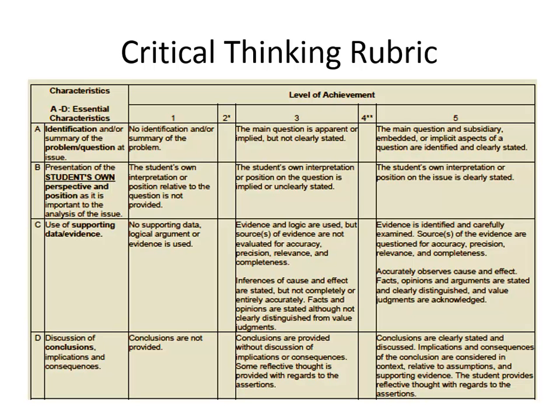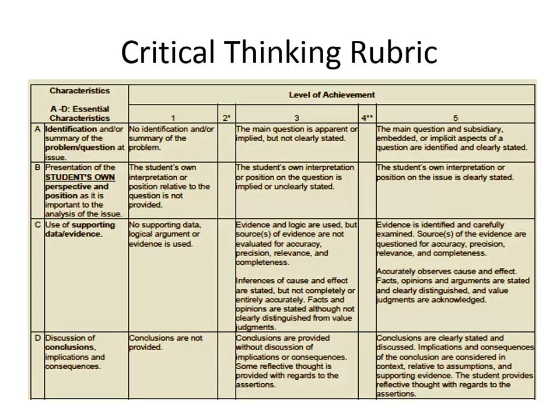So we actually used this rubric to score the critical thinking assignment. We would look at analytic dimensions as well as a holistic score. With respect to the analytic dimensions, we would look at identification of a problem, students' own perspective, use of supporting evidence, and a discussion of conclusions.